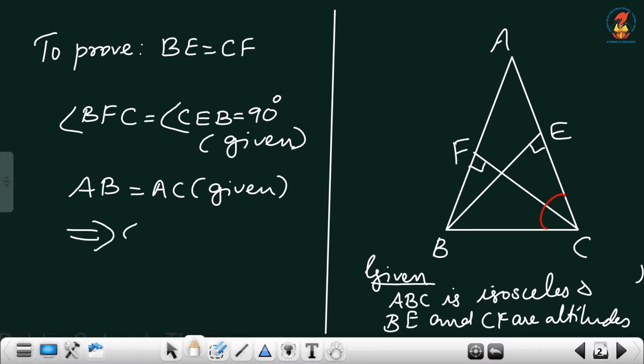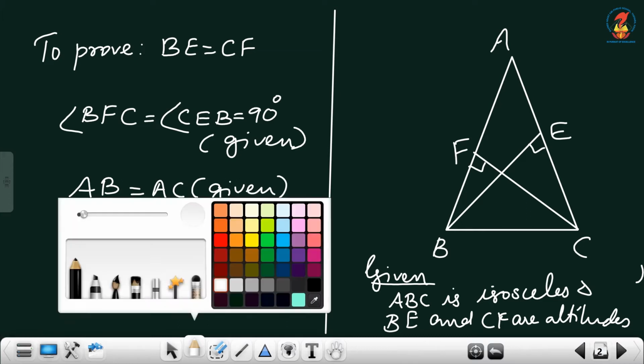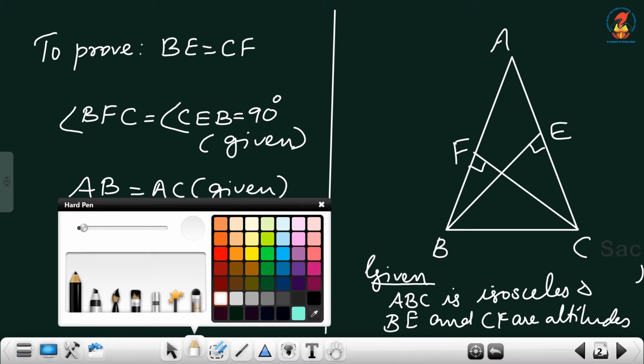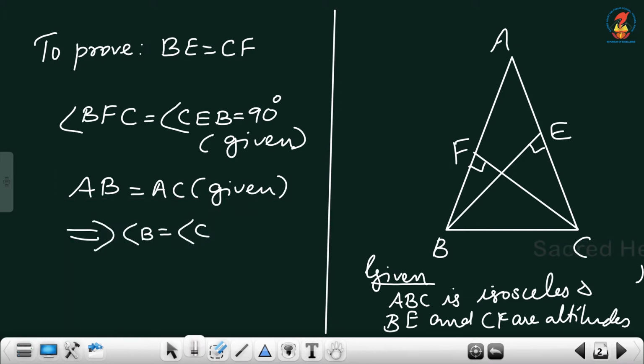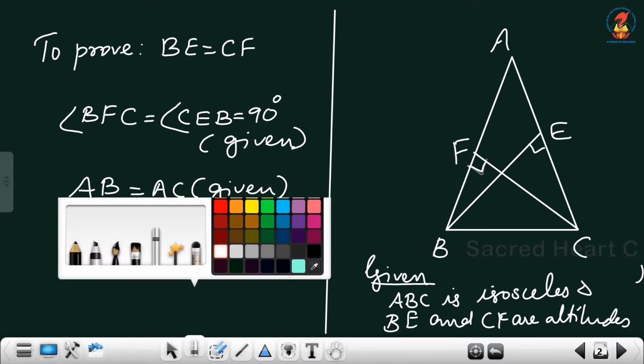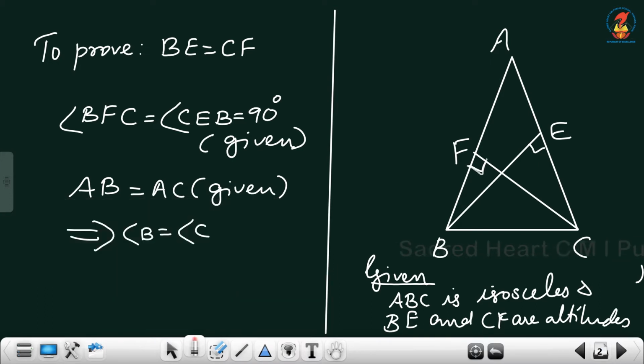This implies that angle B is equal to angle C. What's the reason? Angles opposite to equal sides. So what we got is two angles are equal.